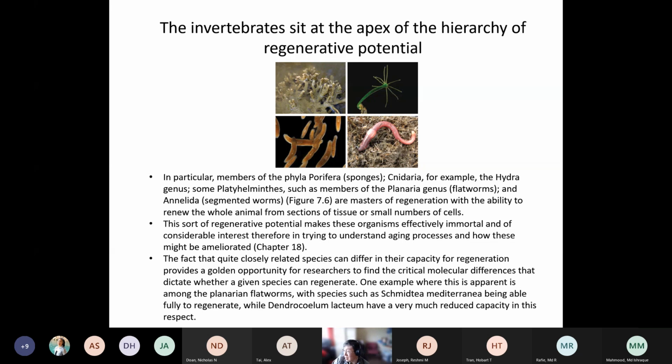We want to learn because these creatures are immortal, they never die. So studying these creatures may provide us some insight into aging as well. Maybe eventually we learn some mechanisms that will make us become immortal. So don't ever die. That's a good thing.